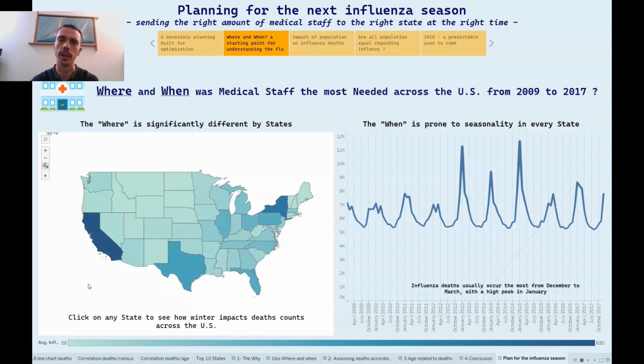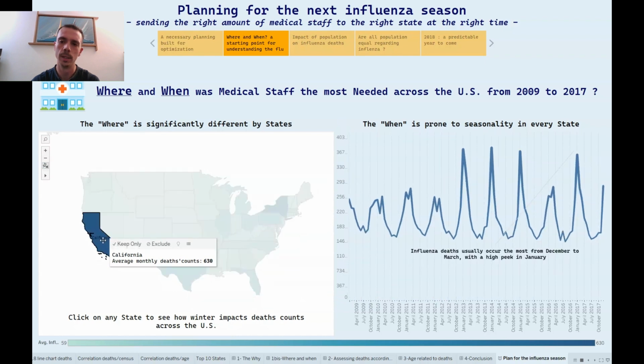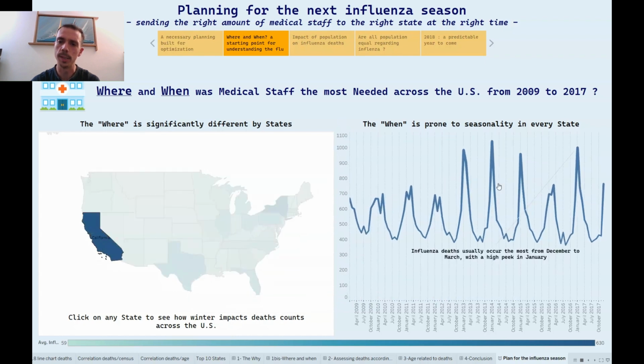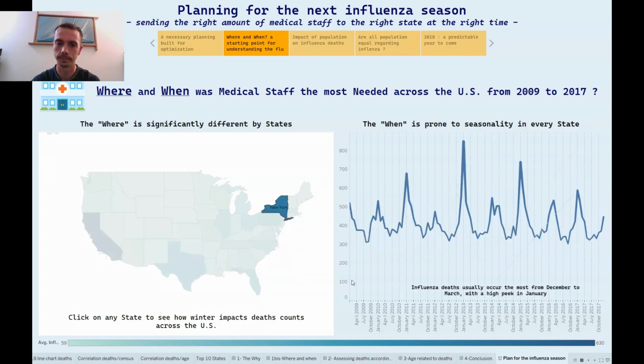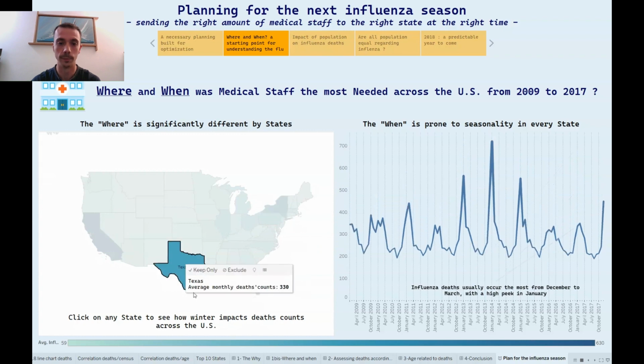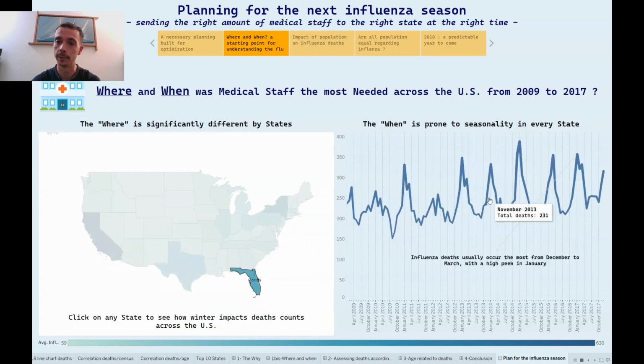As we can play around on the map on the left, for example by clicking California, we noticed that seasons are even brighter on the eye for the seasons with more mortality rates. The same goes for New York, even for Texas and Florida. Each state is different, but still shows a great deal of seasonality.